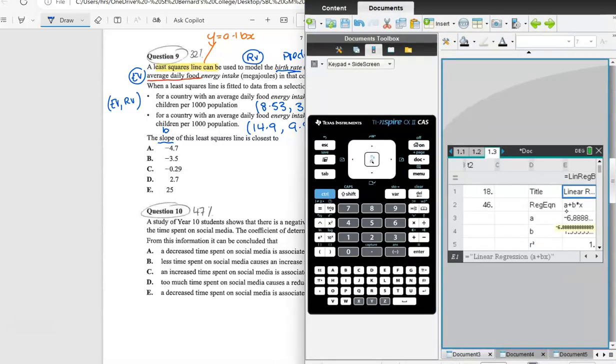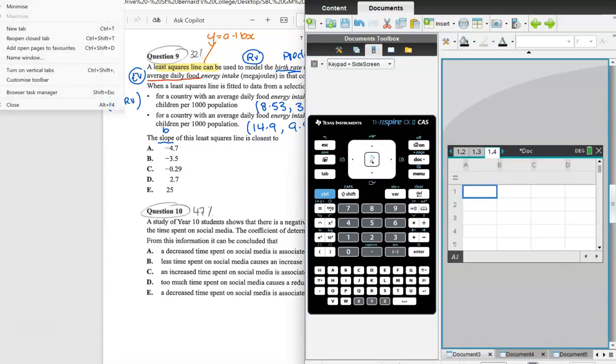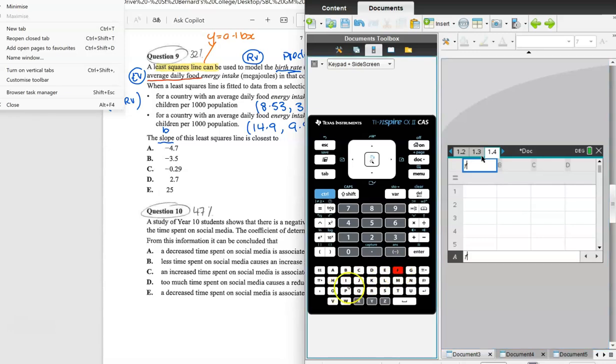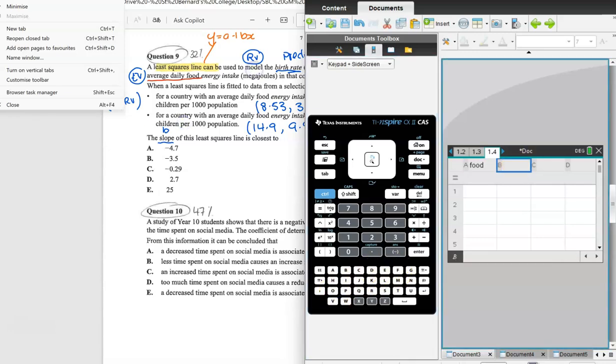If we go to the lists and spreadsheets, I'm going to call the columns food and birth rate, so I might just call it BR.